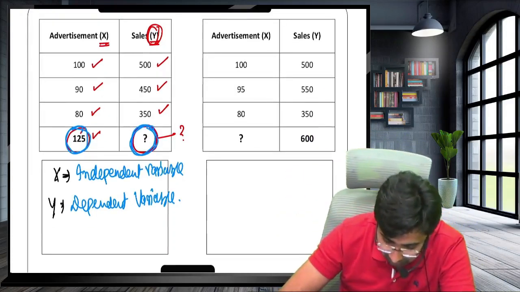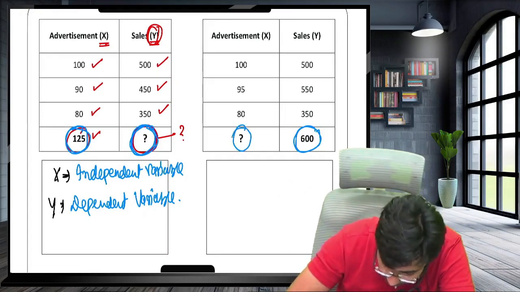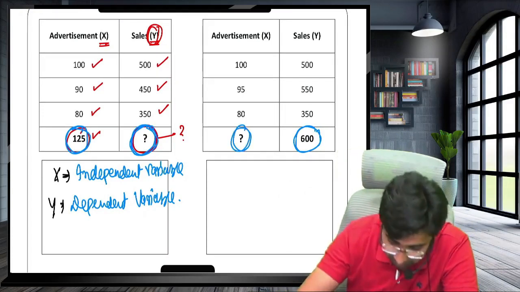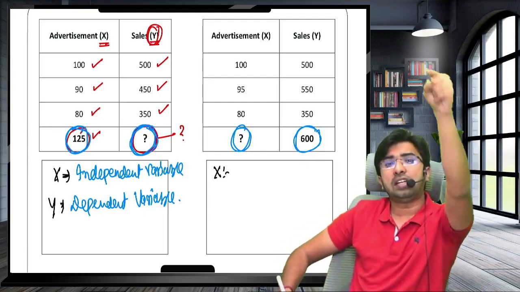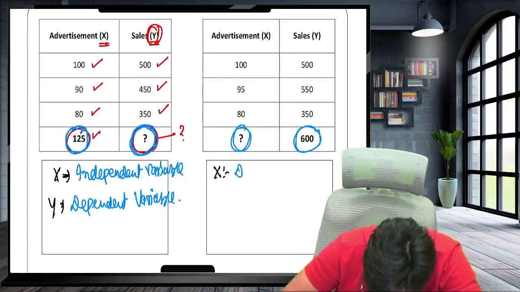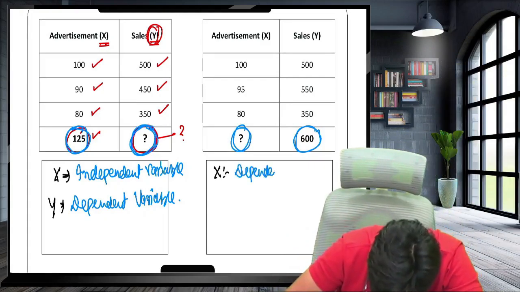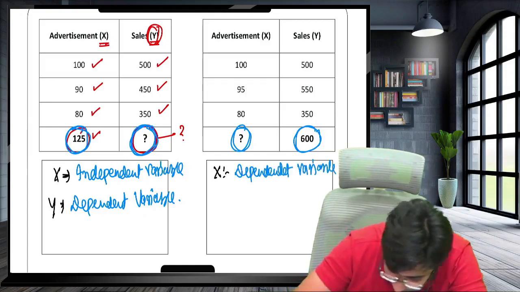Now reverse the case. Now I am saying I made the sales of 600. What should be my advertisement cost? Now in the same case, since I need to identify the value of x, that is the dependent variable, and the value of y is known.